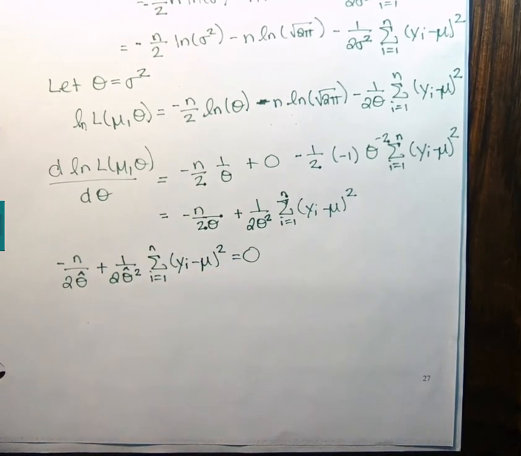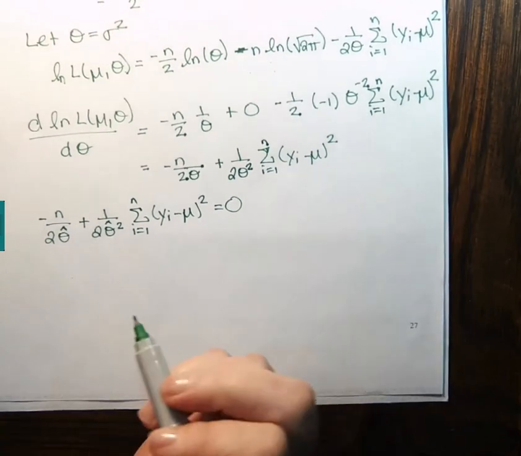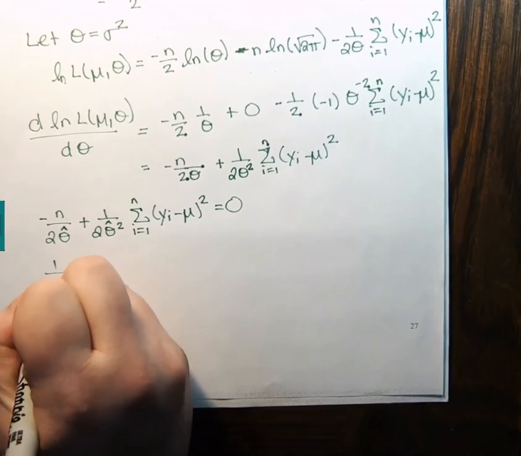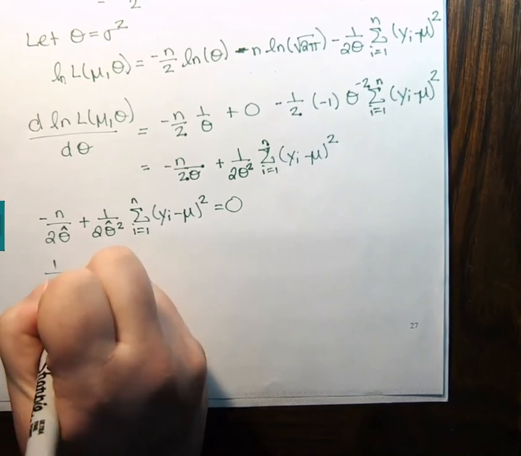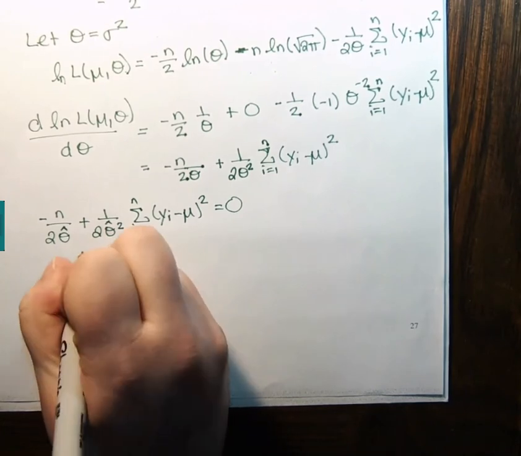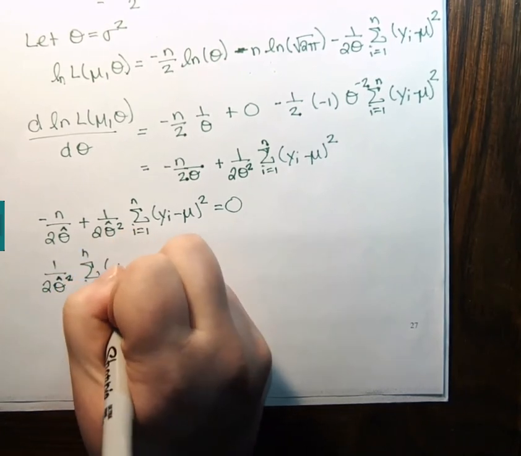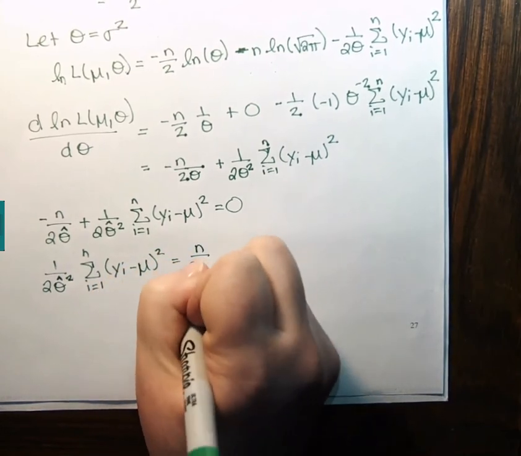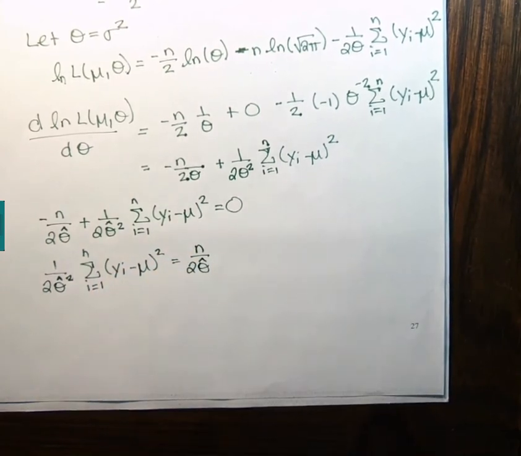And what I'm going to do is then solve for theta hat. So notice if we do this, we get that 1 over 2 theta hat squared times the sum i equals 1 to n (y_i minus mu) squared is equal to n over 2 theta hat.